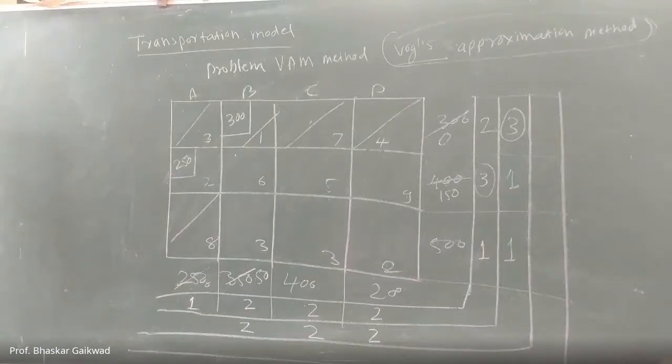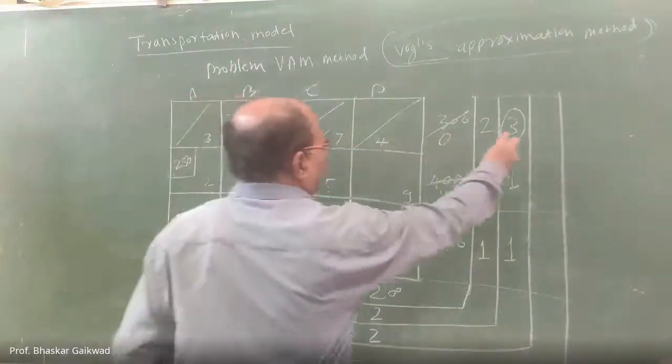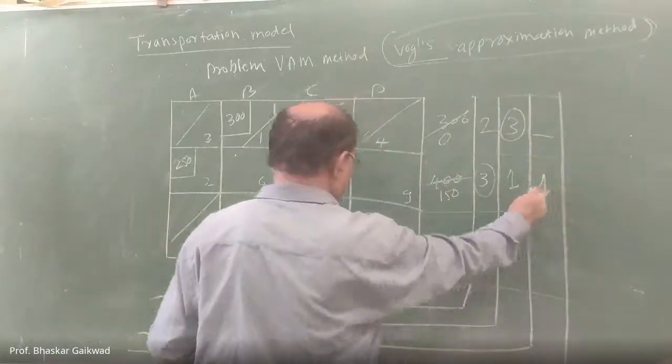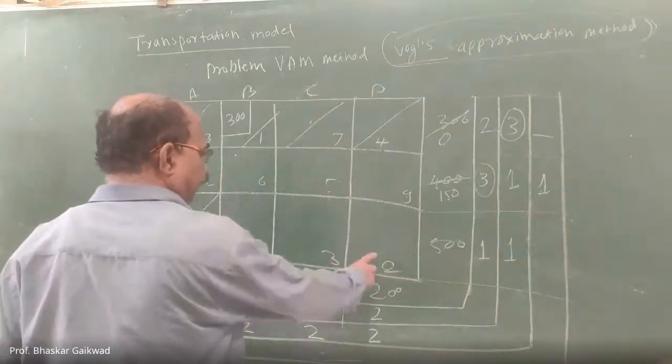Remaining 50. Now, whatever is remaining, in that you have to find the difference. So this row is yours. Now 6 minus 1, then 3, 2, 1.